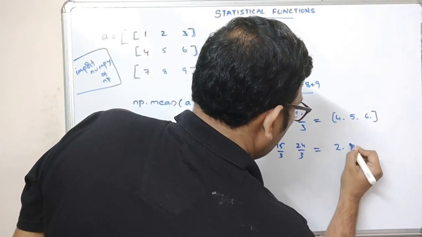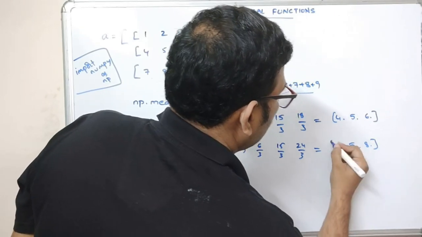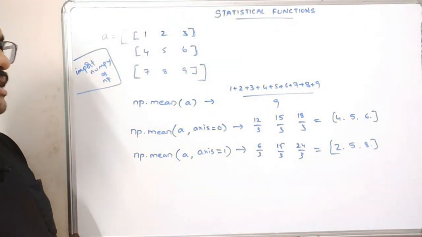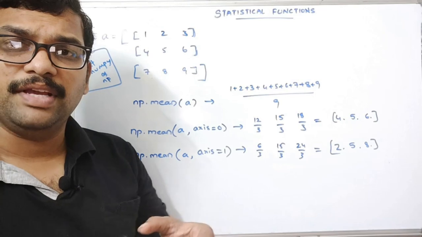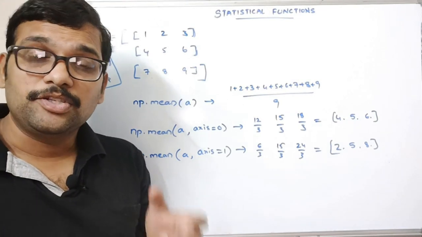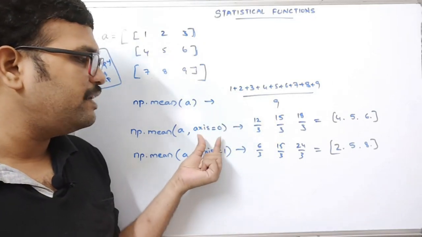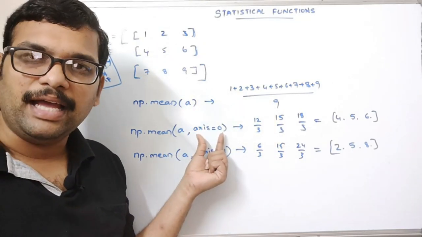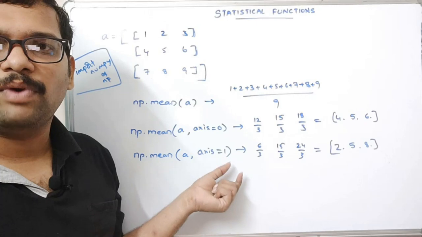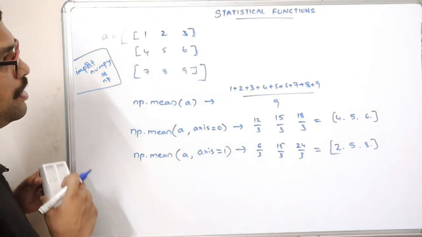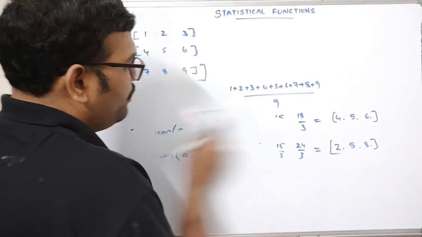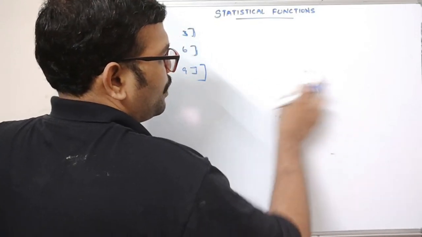So 2 dot, 5 dot, 8 dot, right? So this will be the result. Mean means just finding the average. That average can be found throughout the array, or we can find the mean along different axes, axis 0 and axis 1, right? So this is all about the mean, and now we will find the median.